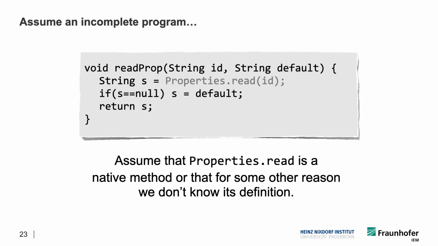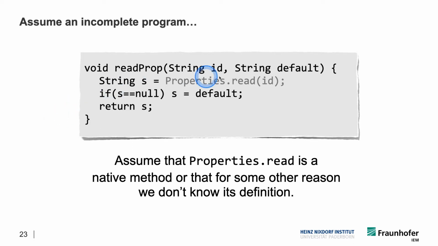Let me show you a very simple example program. So let's assume this code that I've highlighted here in this gray box, this readProp method, is application code. Okay, so it's code that we are actually analyzing of an application, let's say in order to find some vulnerabilities, for instance.